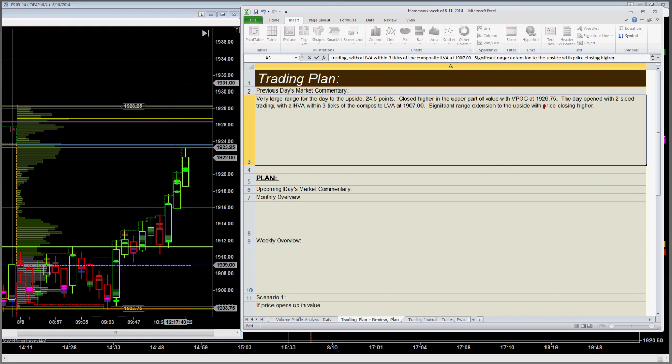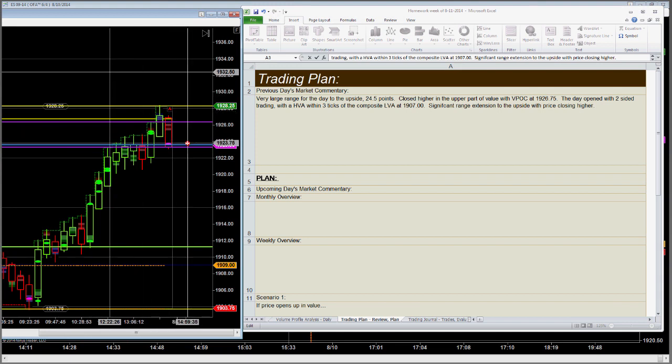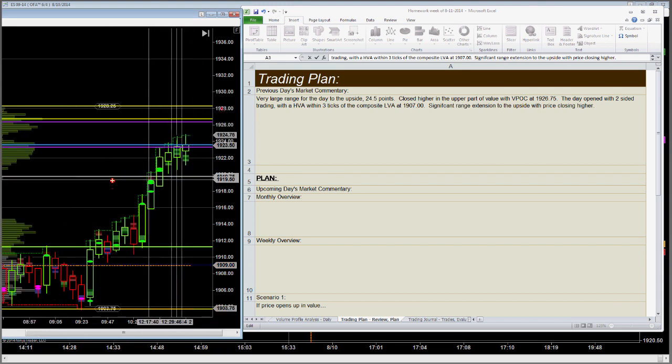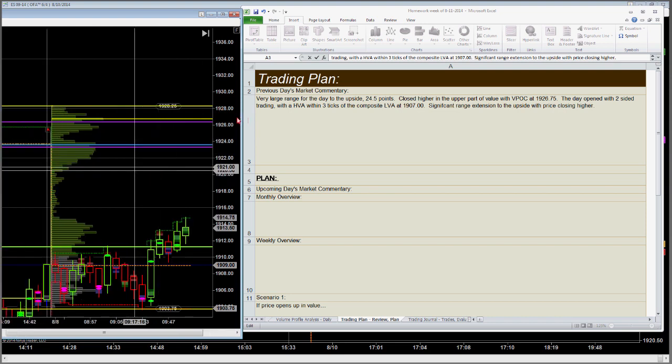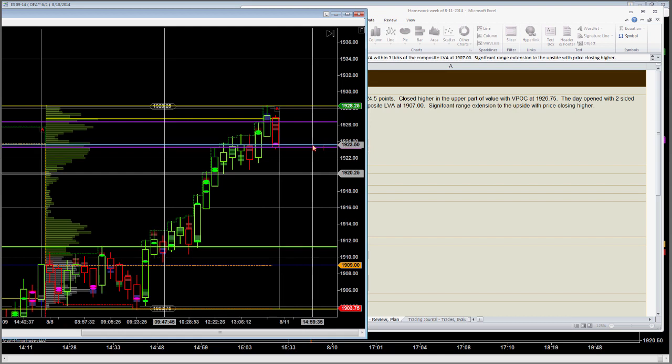Now, there's a couple of aha moments here for me, a couple of things I'm very interested in. Number one, as price closed for the day, it dropped back down and closed lower. It closed below VPOC, right in the bottom middle of this upper distribution area.